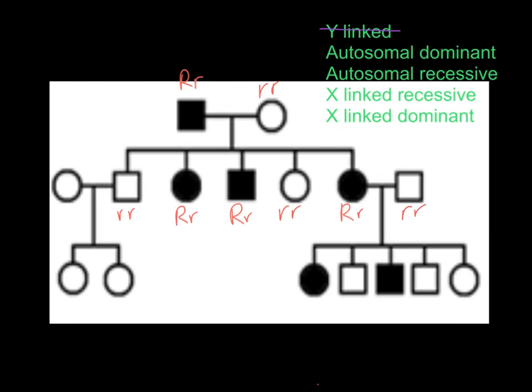So he would have to be little r, and he could have either homozygous children or heterozygous children that display the trait. So, looking at this pedigree, we can say that autosomal dominant is a possible mode of inheritance for this trait.